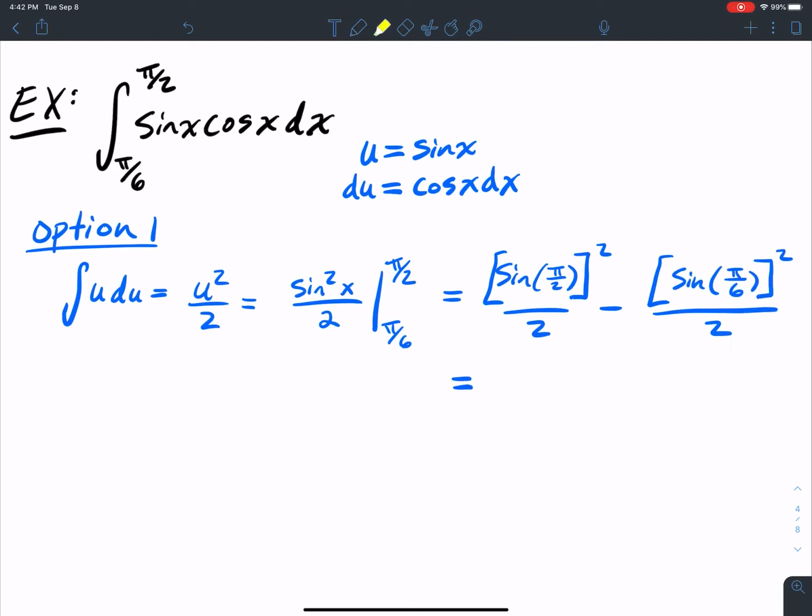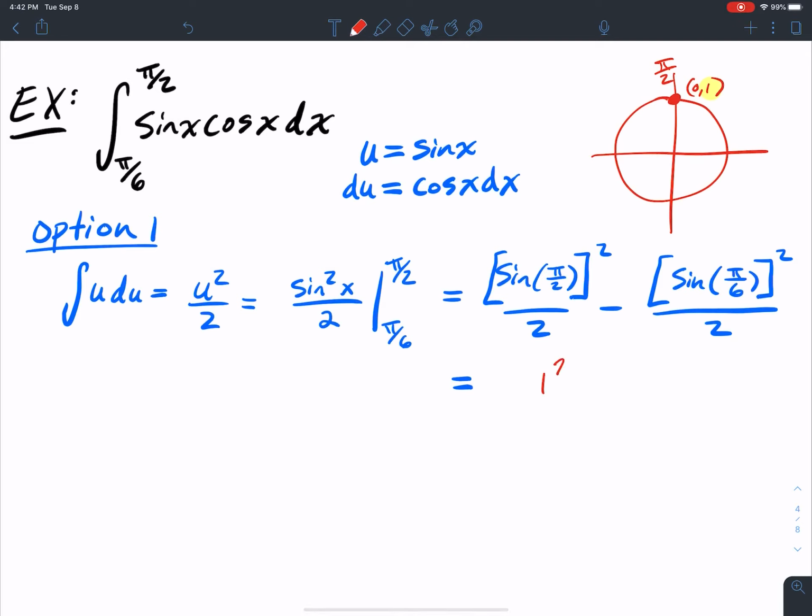Now, think about a unit circle. Pi over 2 is right up here, so sine of pi over 2 is 1. Sine is the y value. So that would be 1 squared over 2. And then the sine of pi over 6 is here. This is square root 3 over 2 comma 1/2.